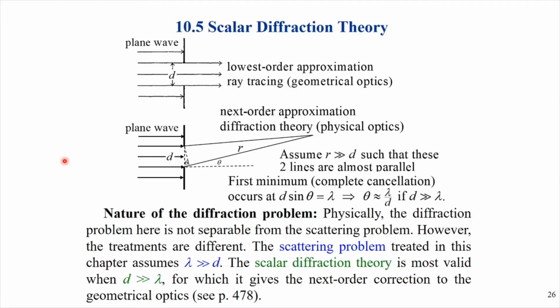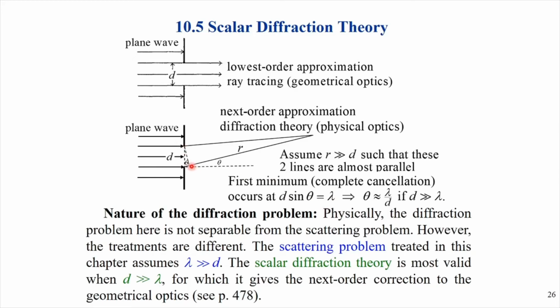But now we consider the effect of scattering, diffraction, 绕射或衍射. We know from here to here and from here to here, there is a difference, and the difference is about d sine theta. If d sine theta equals lambda, what will happen?